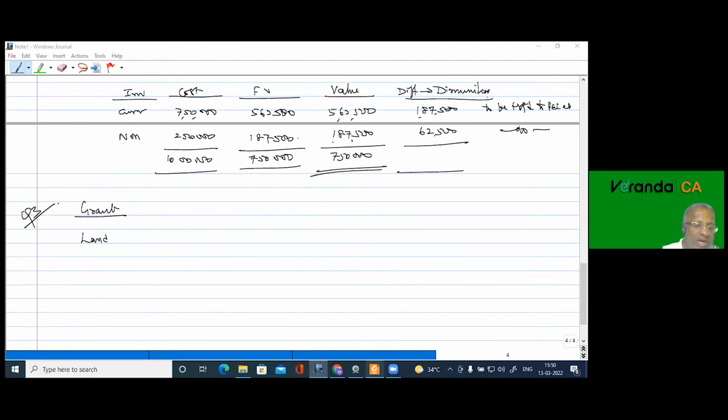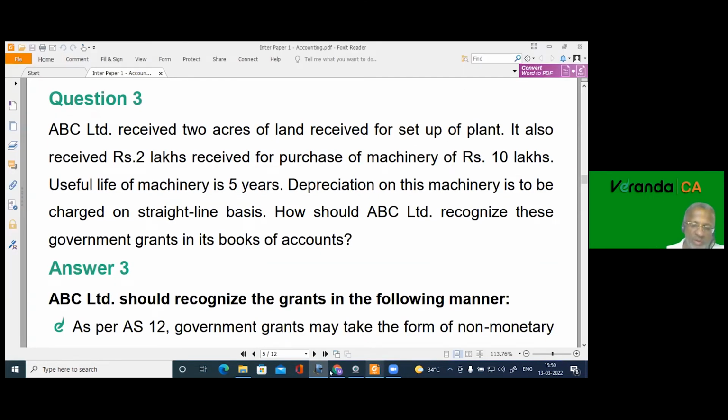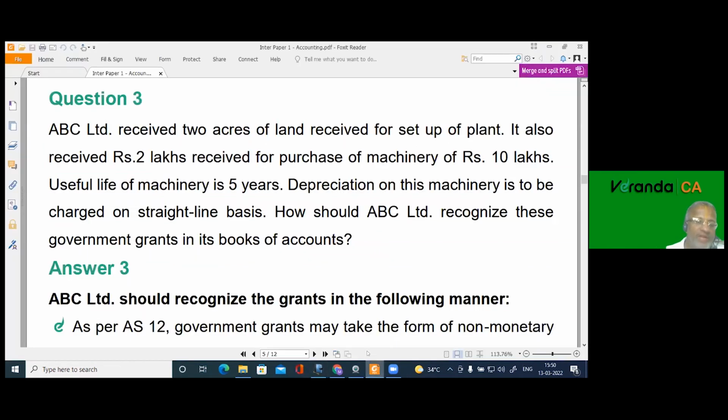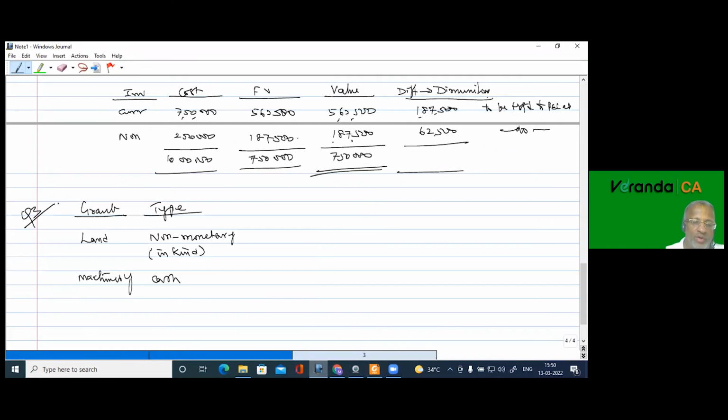The type of grant is non-monetary, that is, an in-kind grant was provided. Here it is cash. ABC received 2 acres; what price they have paid we do not know. Fair value is also not given. So now we have got to assign reasons.